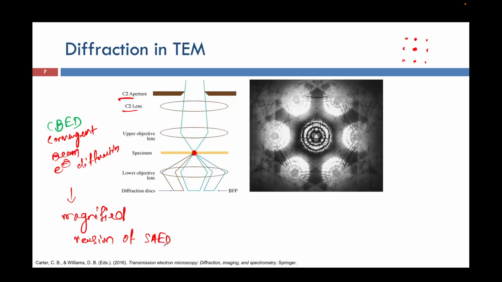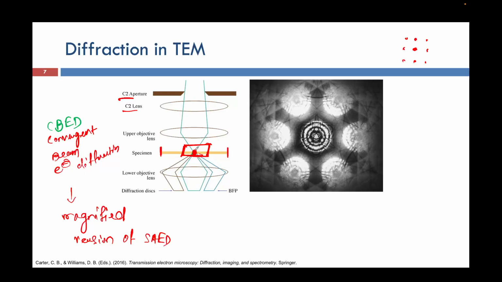Why? Because SAED you may collect from this area of the sample. Though the selected area is still small compared to the sample, it is quite large when you compare SAED with CBED, that means convergent beam electron diffraction.